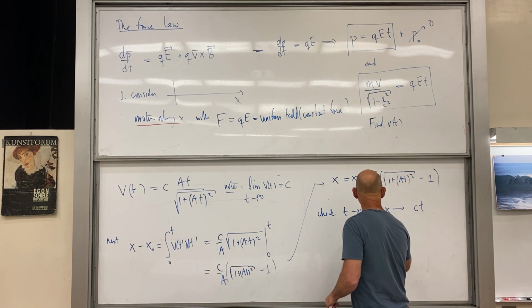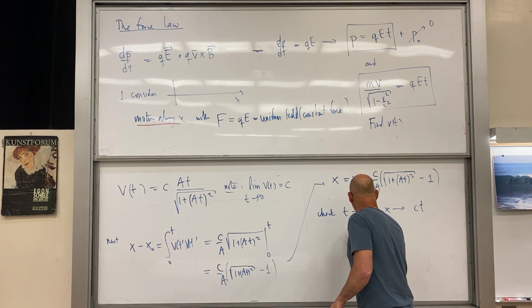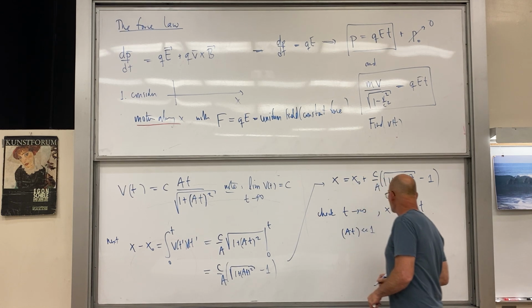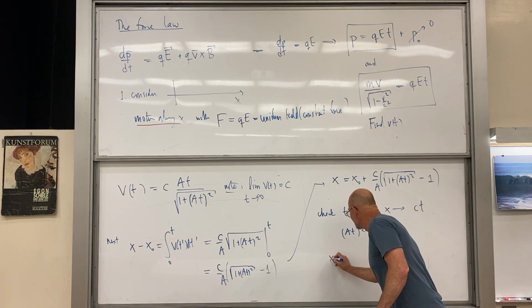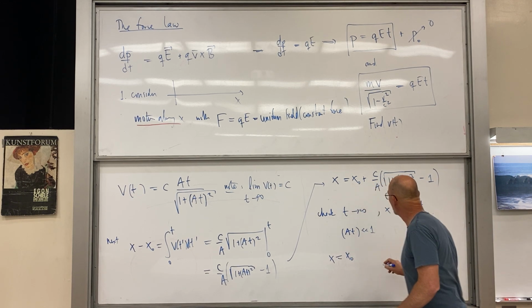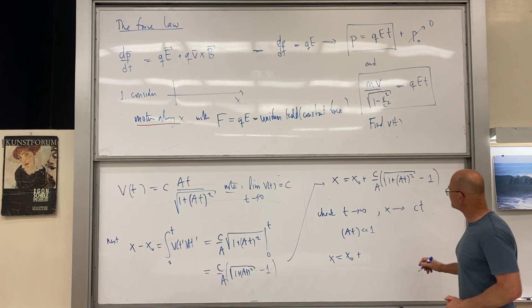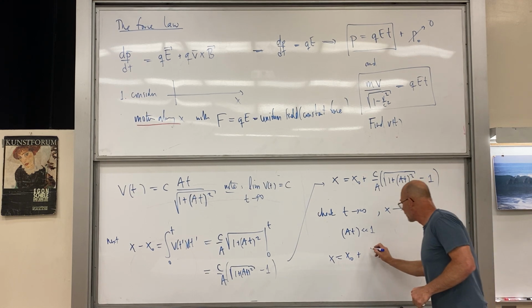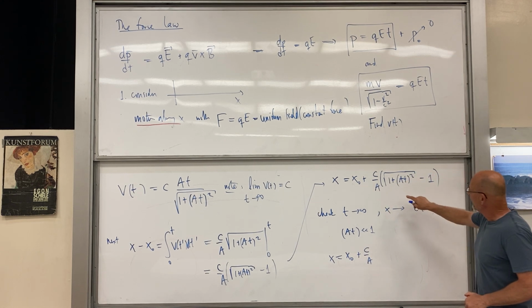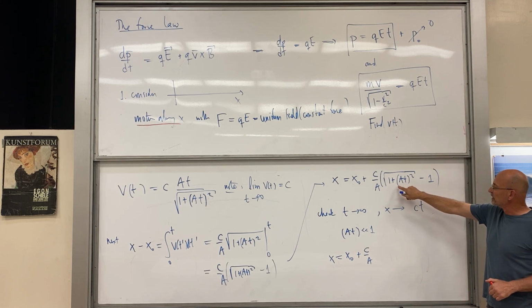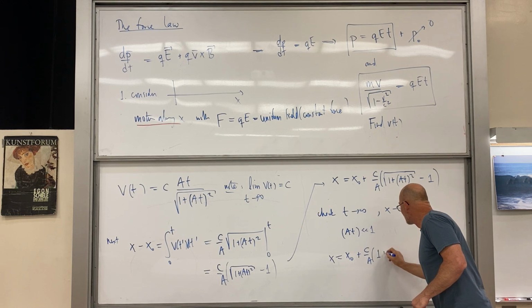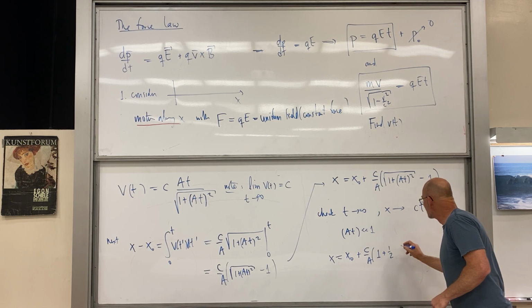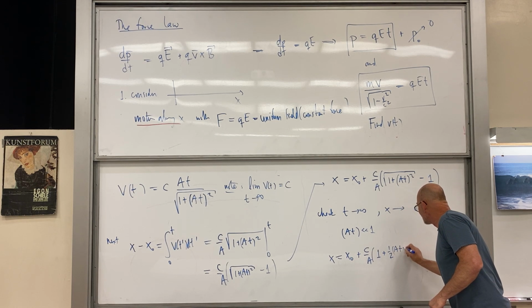Now, at much less than 1 is also a good one to check. Then we will have x equals x0 plus, we've got the c over a, and now at is going to be small, so we'll take 1 plus 1/2 of this at, the quantity squared.